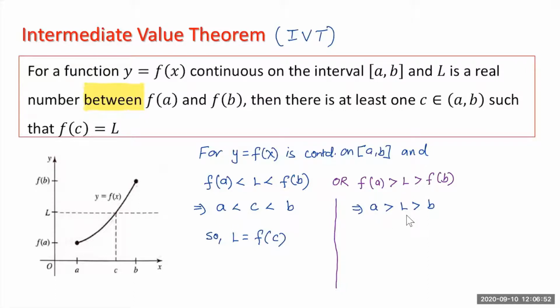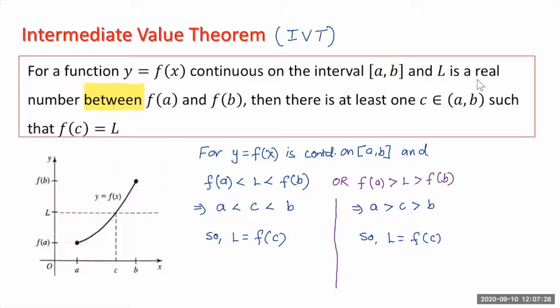So this would be C. That means f of C must be L, or L is equal to f of C. That is the meaning of the intermediate value theorem. So if there is a value between two function values, then it corresponds to a value in that interval. That is just the statement of the intermediate value theorem.